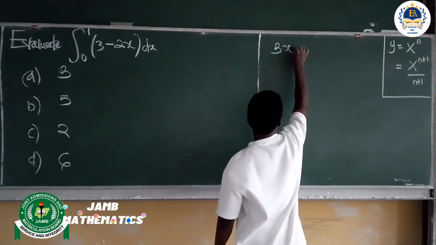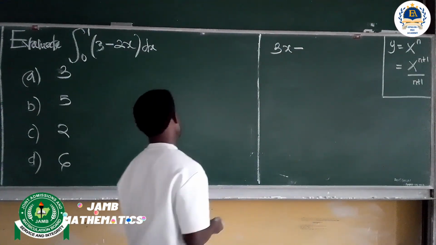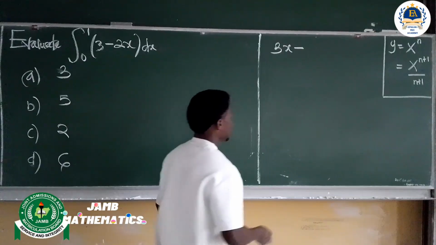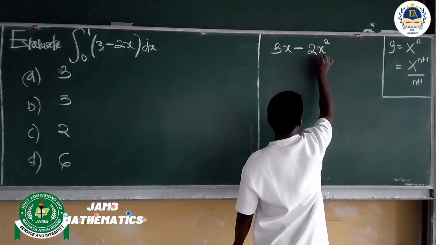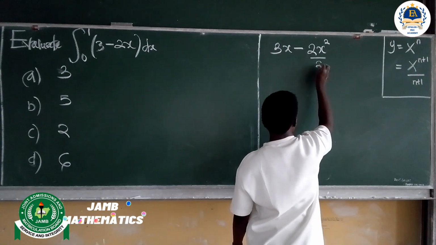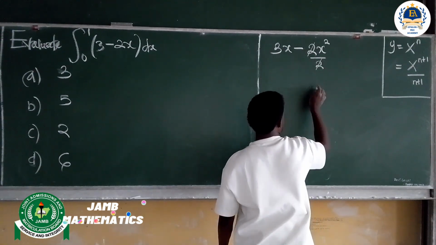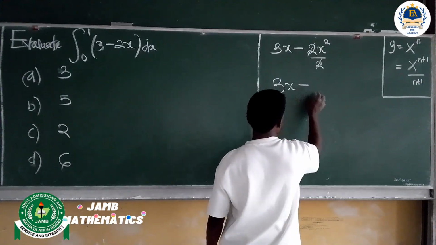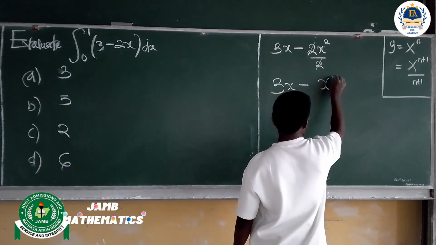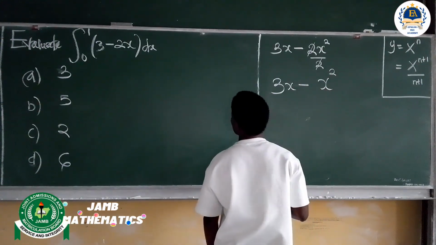If you do that to 3, we are going to obtain 3x minus, if you do the same thing to the second term, 2x raised to the power of 2 all over 2. So 2 will cancel 2. We are going to be left with 3x minus x raised to the power of 2.